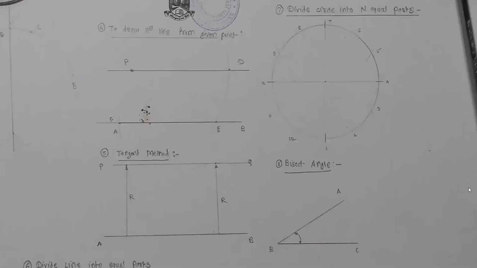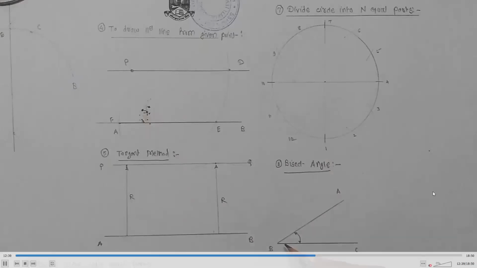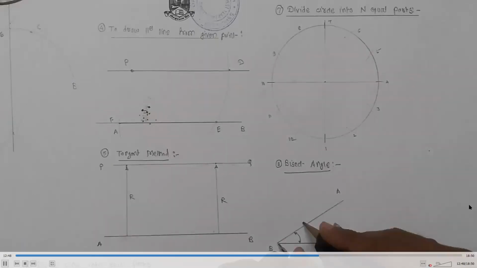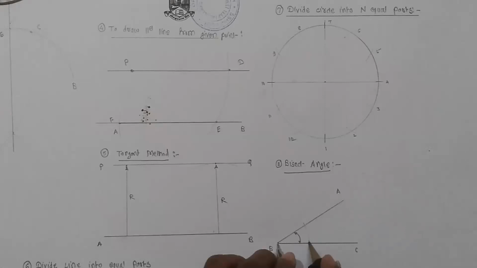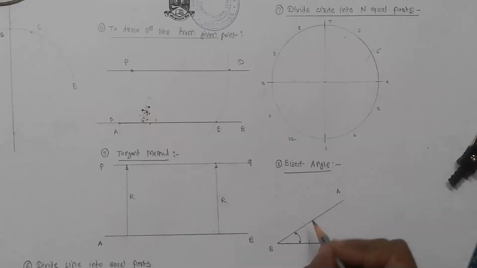Now the next construction is bisect the angle. Here the angle given is angle ABC, and we want to bisect this angle. By taking a suitable radius in the compass, draw the arc on the line AB and line BC.